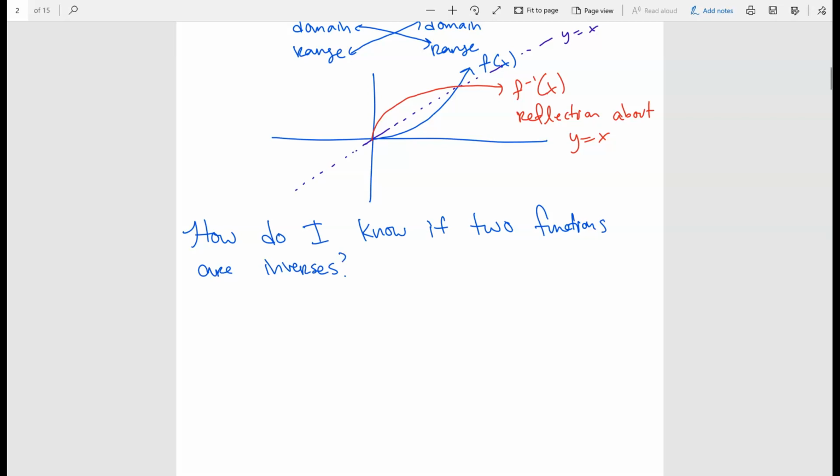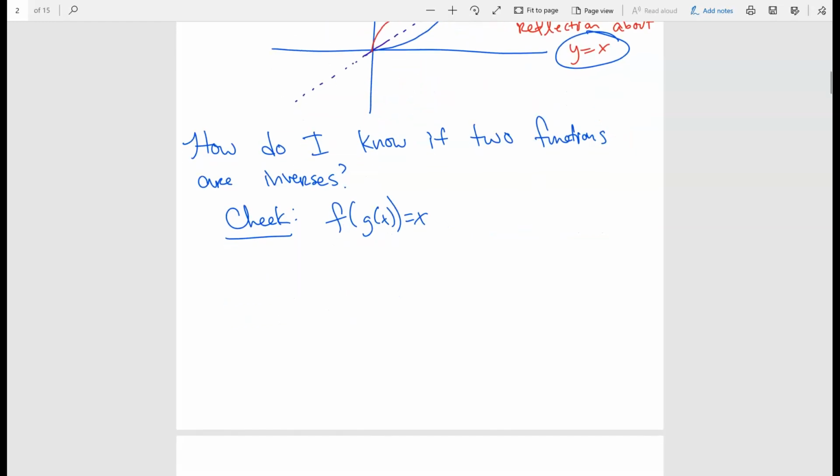Well, because we know that there's a reflection about y equals x, you need to check that f of g of x equals x. When we plug in the other function, the inverse, it needs to equal x. So basically you are undoing it, and all you're left with is x. So let me give you an example.